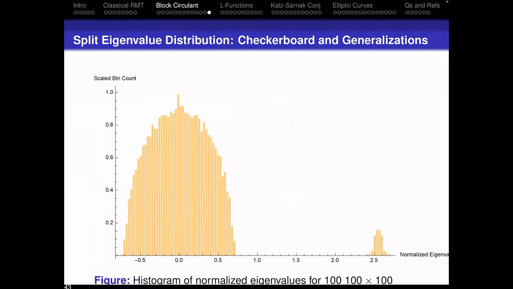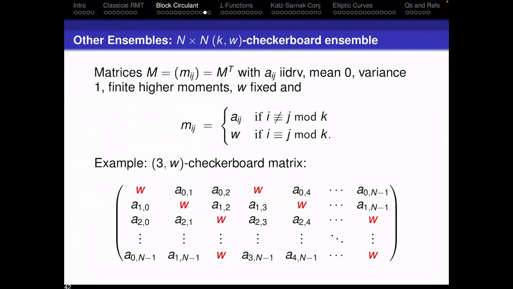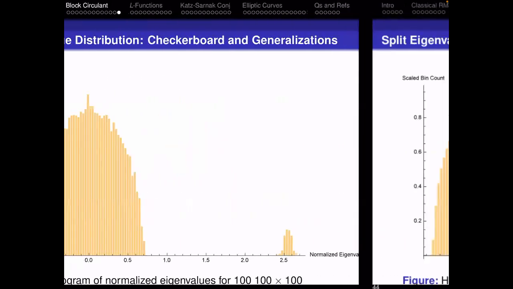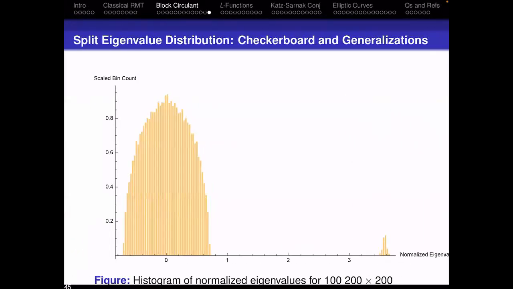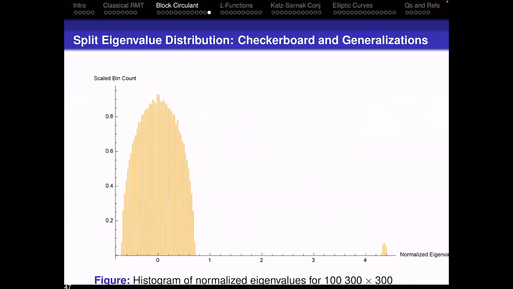And there were a small number that were a little bit larger. And the number that were larger was exactly equal to how many spaces I have to go before I get the next W. So if W was 3, there would be 3 of them. And if you look at what happens as you go larger and larger for the size of the matrix, you can see that little blip keeps moving further and further to the right.